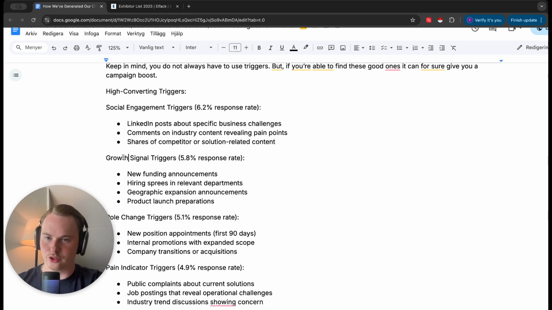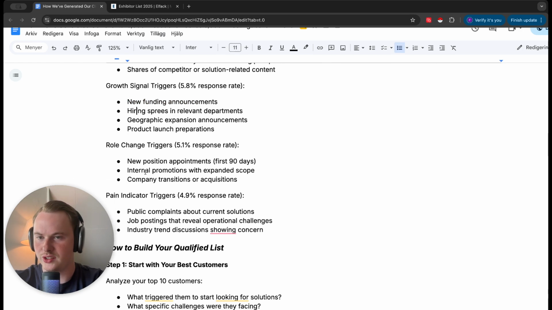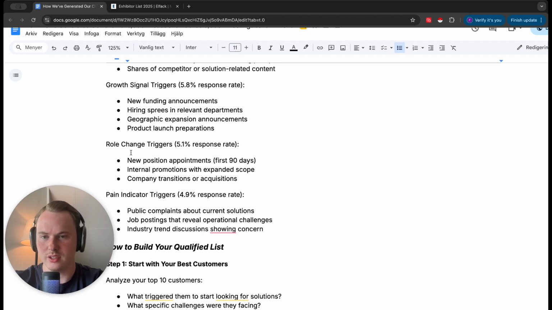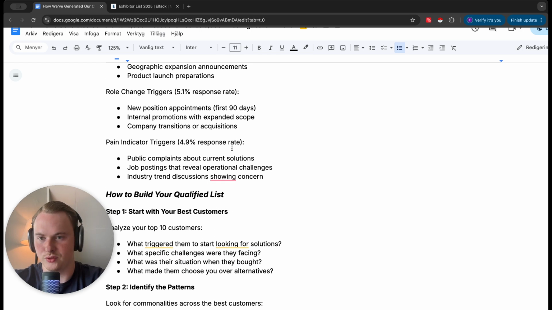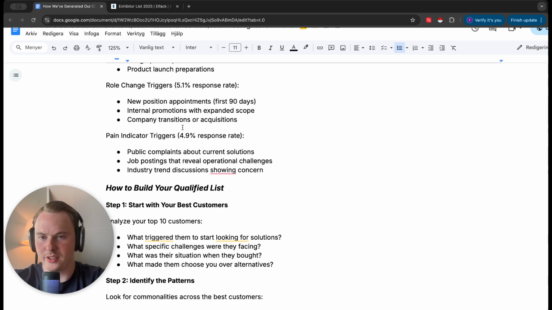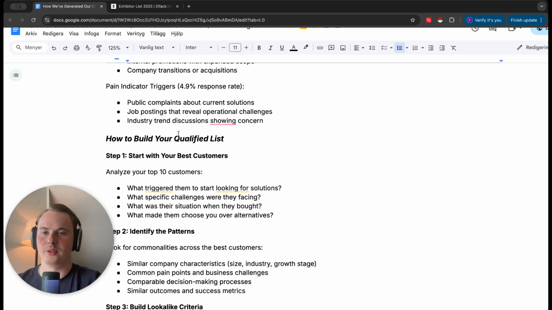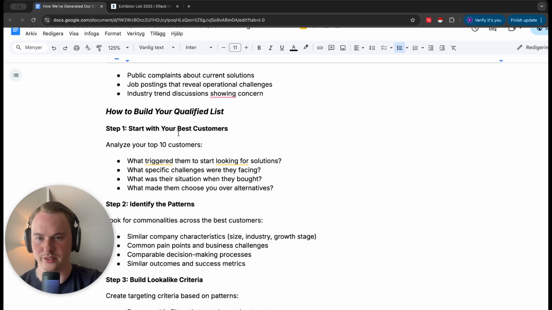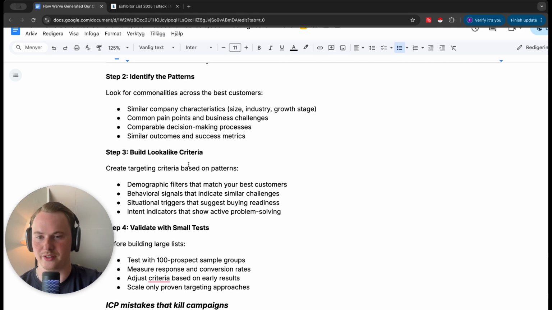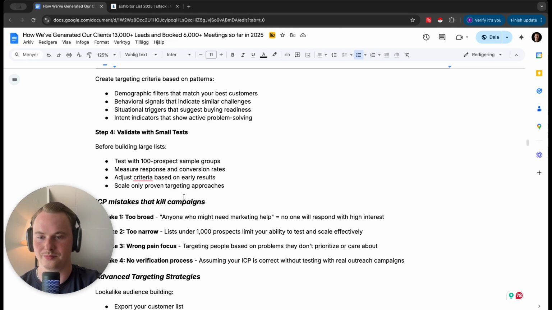Growth sale triggers got a 5.8% response rate, like new funding announcements, product launch preparations, and also role change triggers, new position appointments within the first 90 days. As I said before, pain indicator triggers, 4.9% average response rate is what we found. And this is basically how we usually build our qualified list. We look at our best customers and then usually look for patterns, essentially.